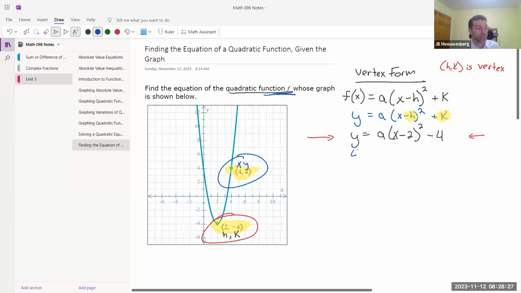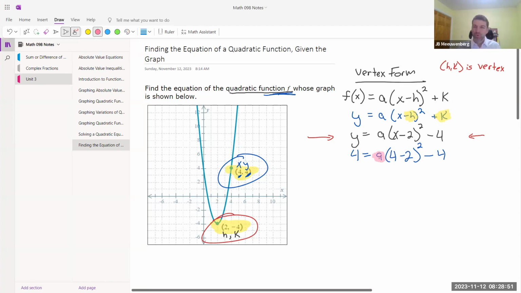So watch as I substitute 4 for y equals a, and then in here, 4 for x. 4 minus 2, quantity squared, minus 4. What you should notice is that we've now substituted a value in for every single variable in our quadratic function vertex form, except for a.